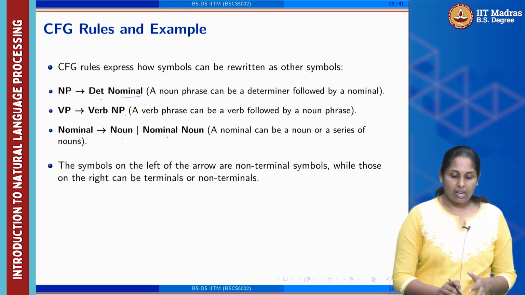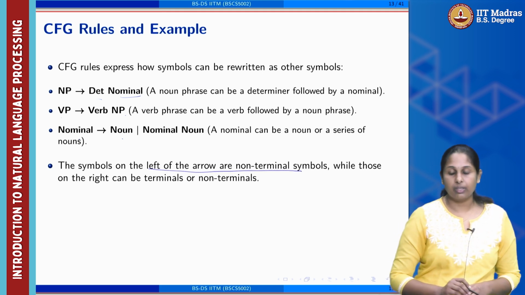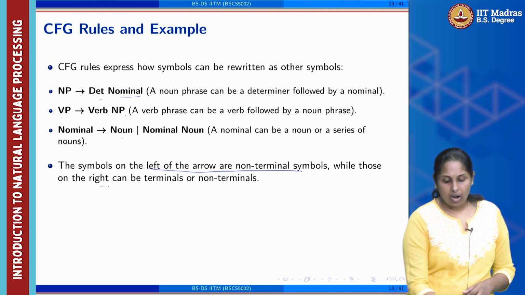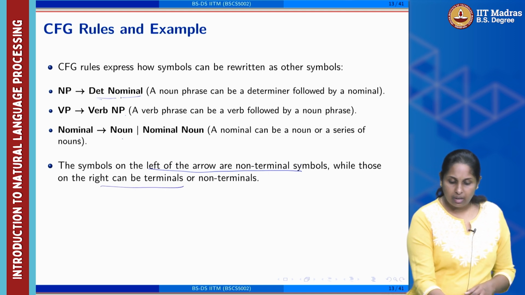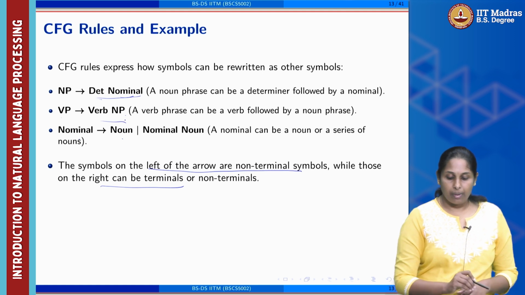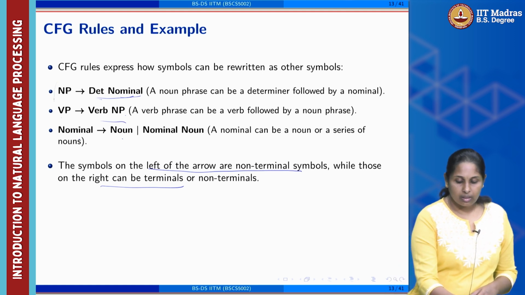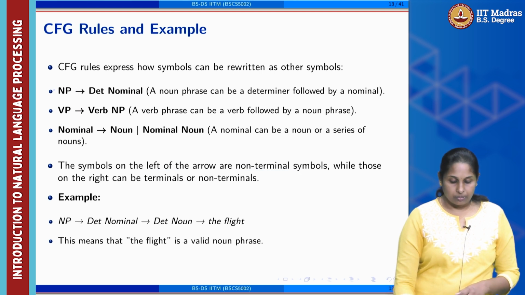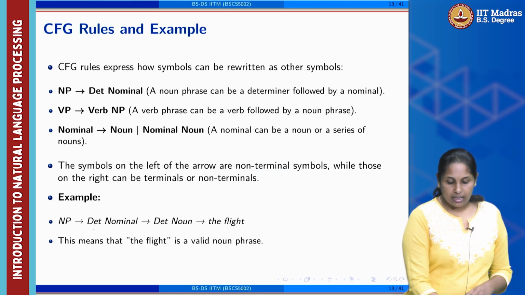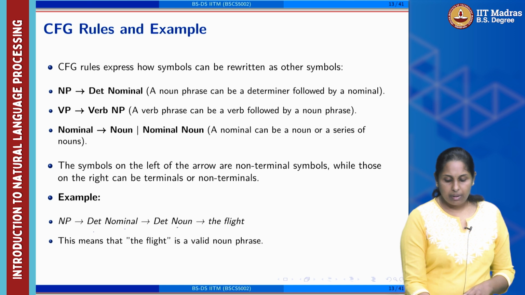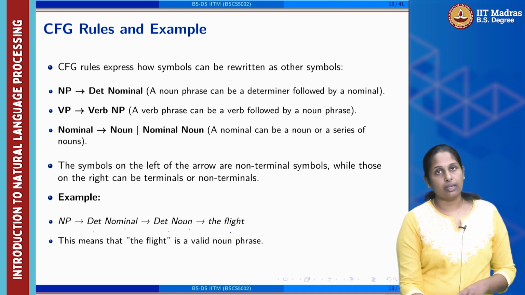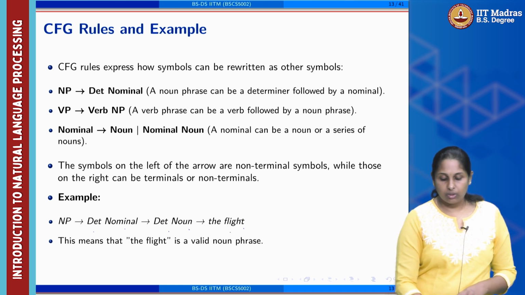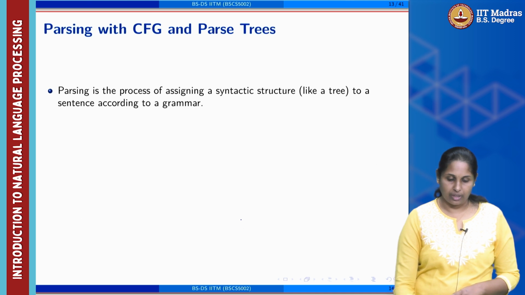The symbols on the left of the arrow are non-terminal symbols, and the ones on the right can be either terminal or non-terminal, but in most cases the right-hand sides are non-terminal symbols. Now NP is rewritten as determiner nominal. It can be a determiner and noun, and it is nothing but 'the' and 'flight'. Now 'the flight' is a valid noun phrase.